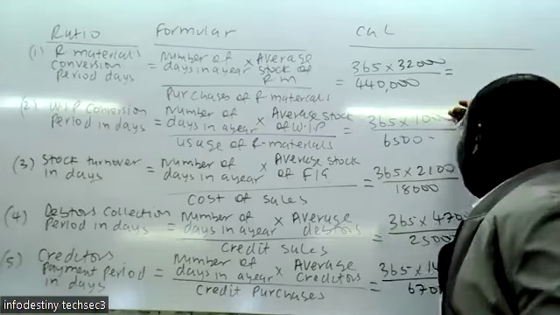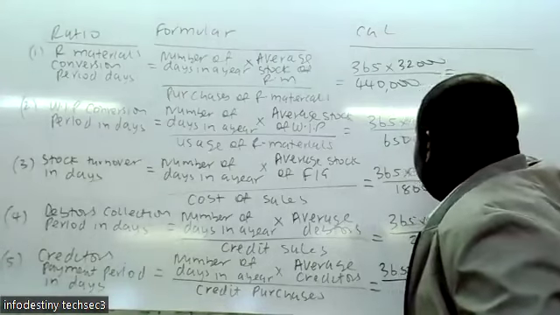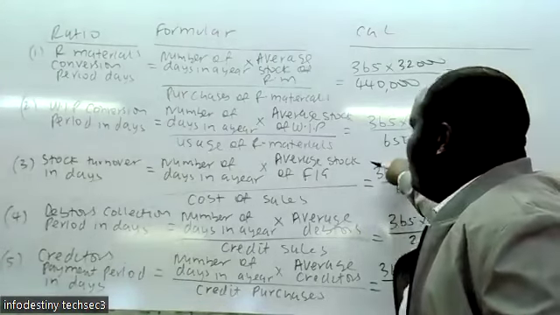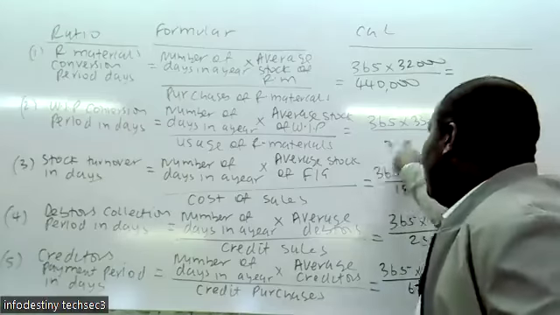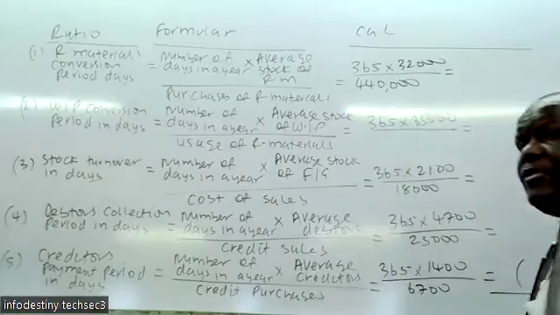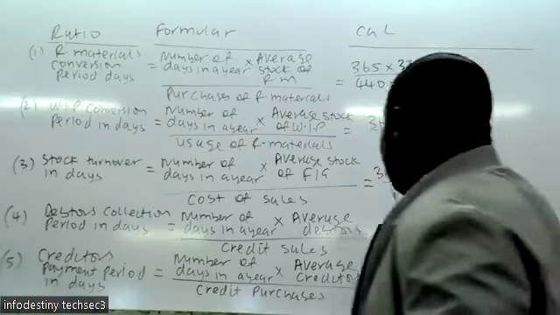So this one, we change it to 35,000. So usage of the raw materials, when you check the formula I did, it's the same as the cost of production. Usage of the raw materials, I say is the same as the total production cost. So the question had given you 1 million.